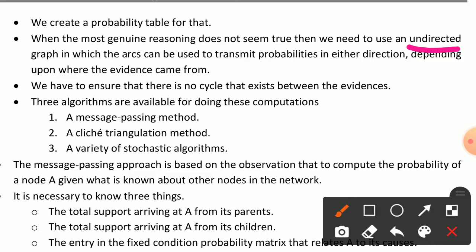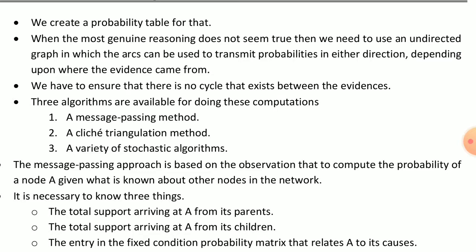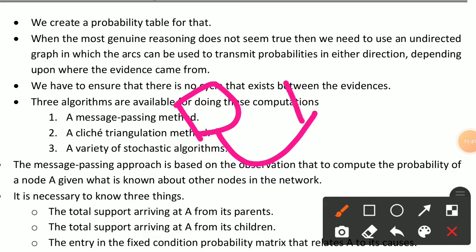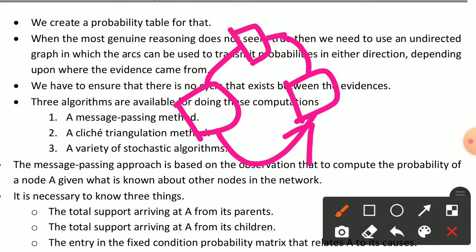Now we have to ensure that there is no cycle that exists between the evidence, and here we can find out the connectivity. Cycle connection means we can start with one node and we can reach another node, okay. This process is known as cyclic process.